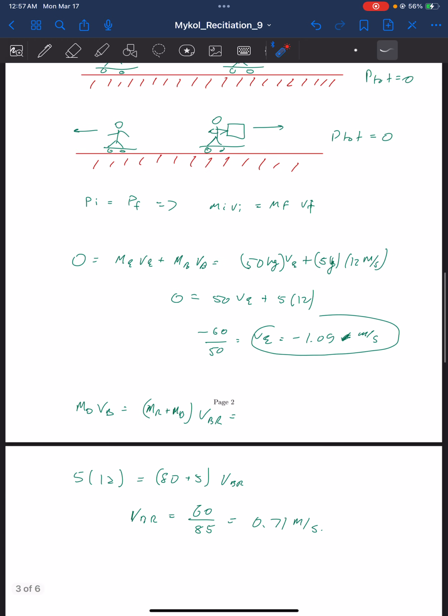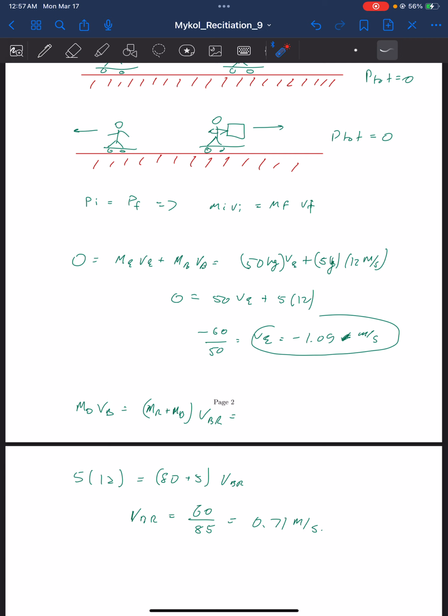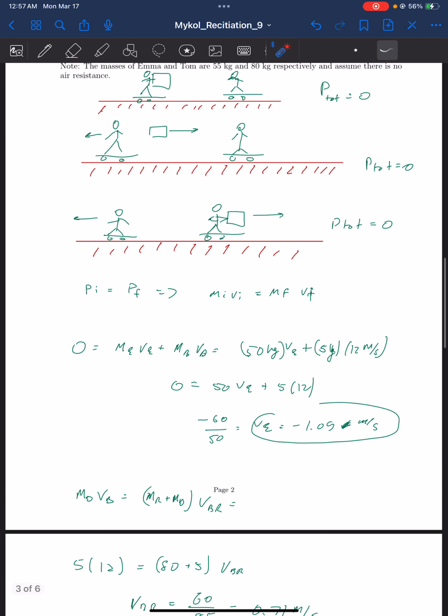Plugging numbers in, mass is 5 kilograms, velocity is 12 meters per second, which is going to equal the mass of Tom plus the mass of the ball times that final velocity. Plugging everything in and solving means that the final velocity is going to be 0.71 meters per second for Tom and the ball.